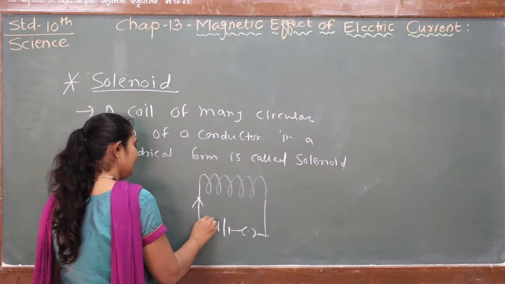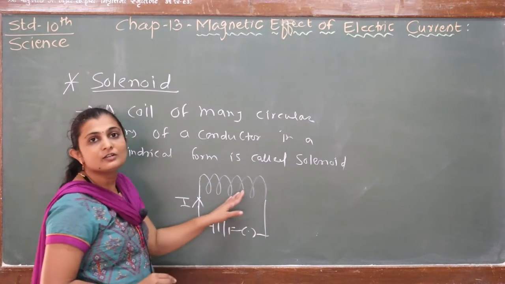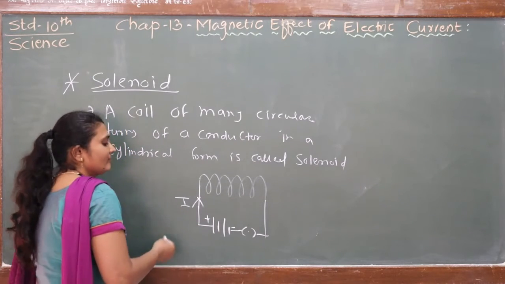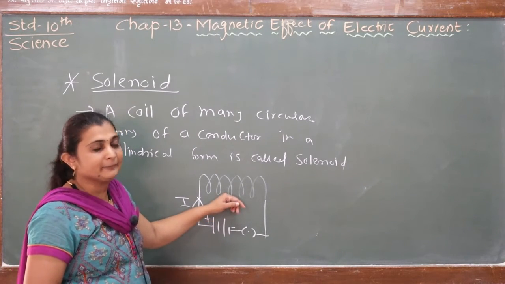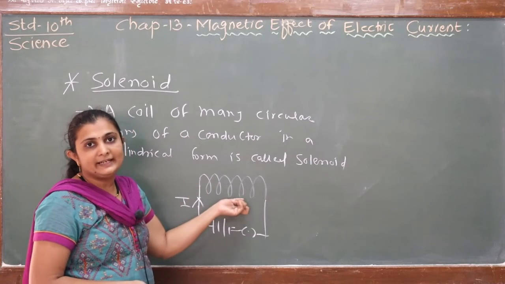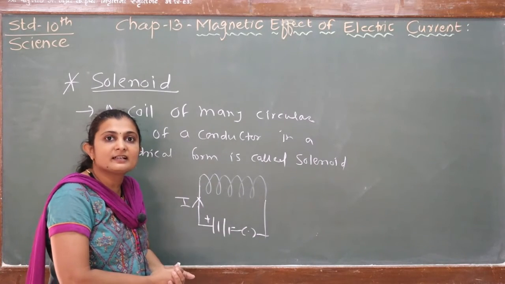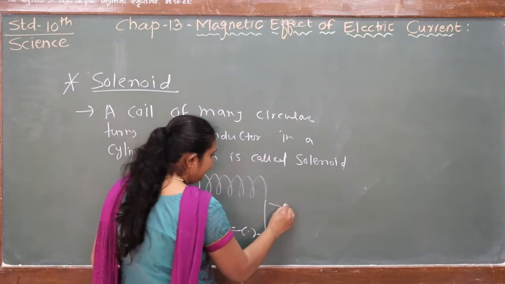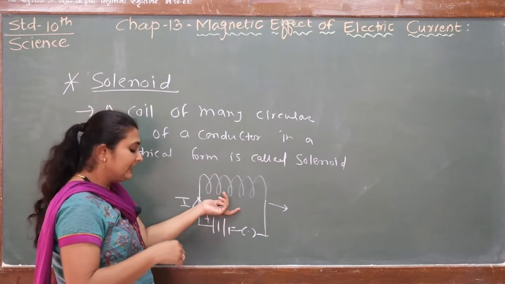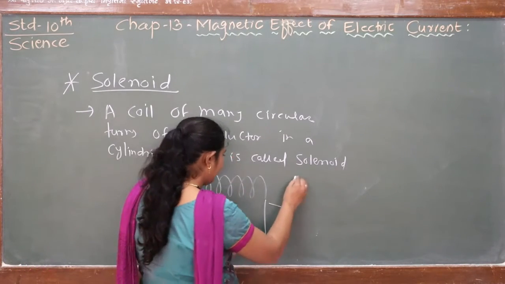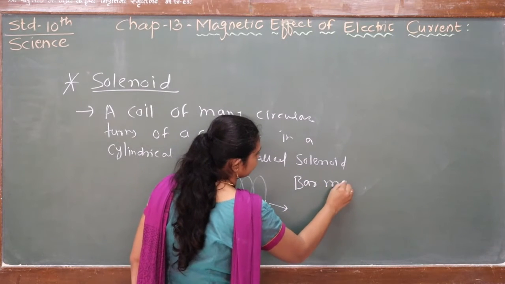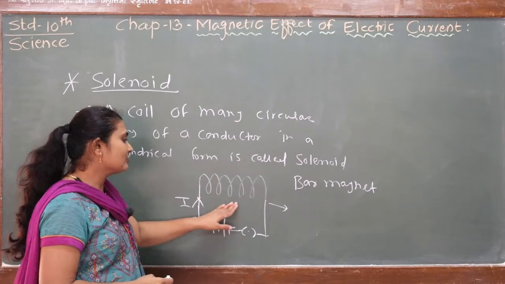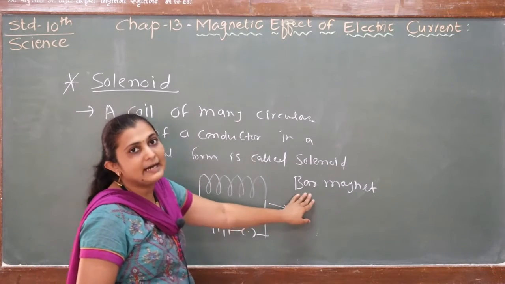Now what happens when current is flowing through the solenoid? Obviously a magnetic field is created. Now what is the pattern of the magnetic field? Is it concentric circles? No. The magnetic field created by the solenoid is the same as a bar magnet.